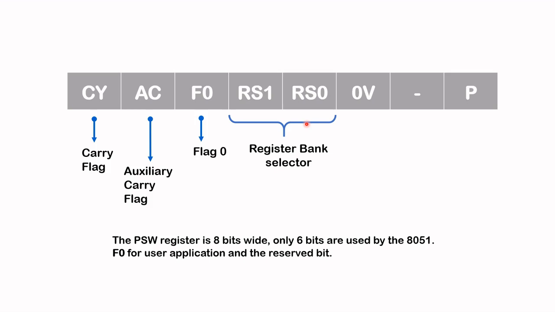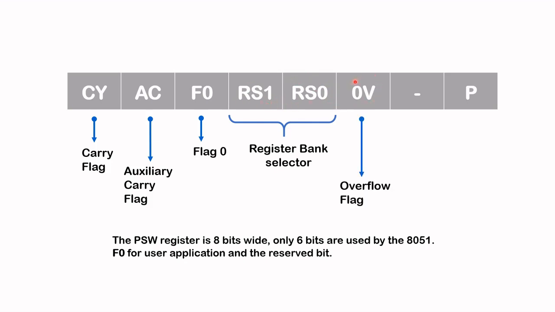In my previous video, video 31, when I talked about the stack, I mistakenly labeled this as RS2. This is the correct label, RS0. I would like to just clarify that.